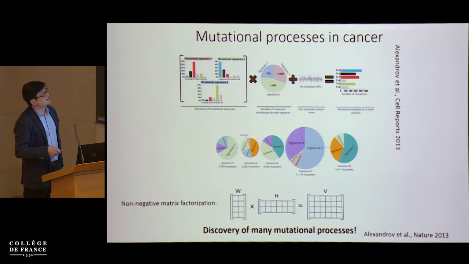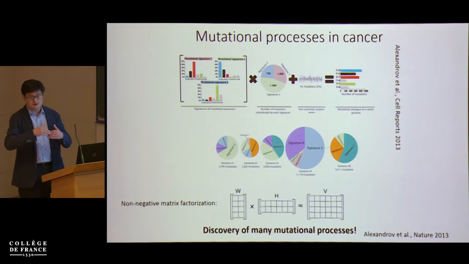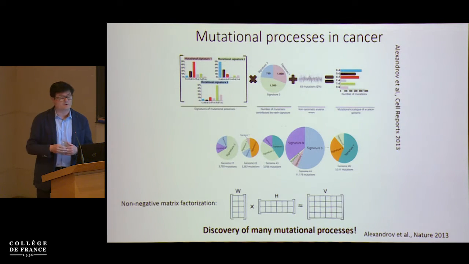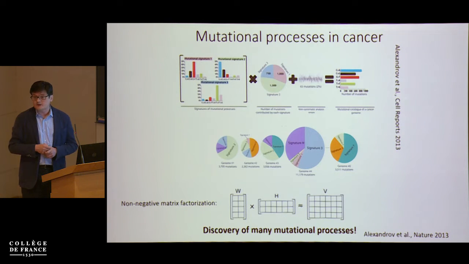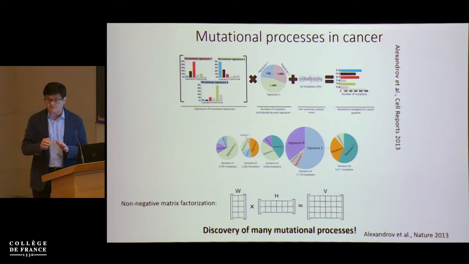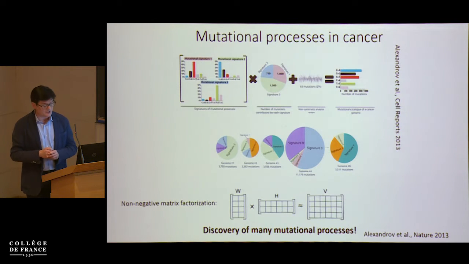I know that each sample has a differential intensity of the process, differential exposure. And if I multiply one by another, I observe my data, which is the number of mutations of each type per sample. They proposed to work with non-negative matrix factorization to resolve that, which would not work for what I'm going to talk about, so we need different machinery.